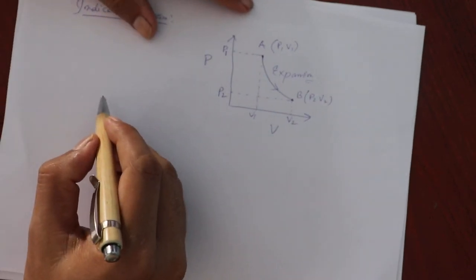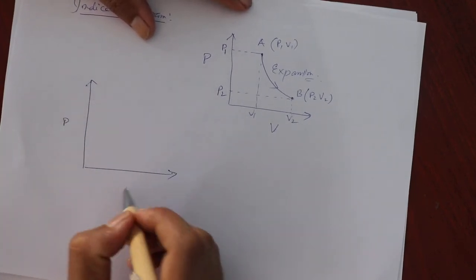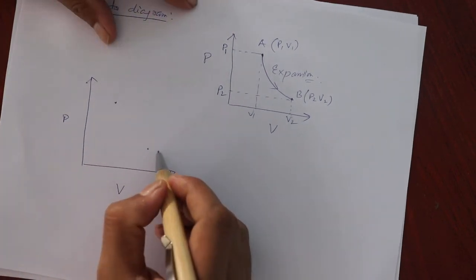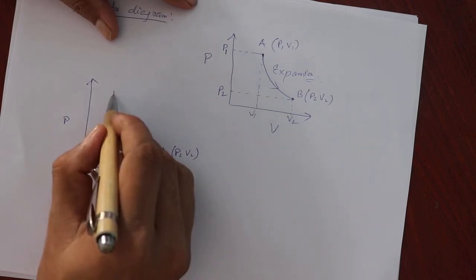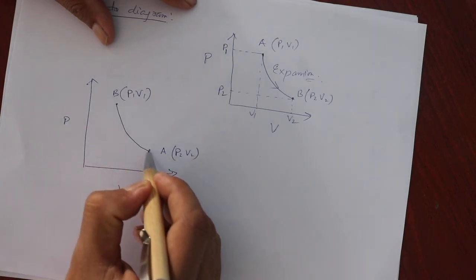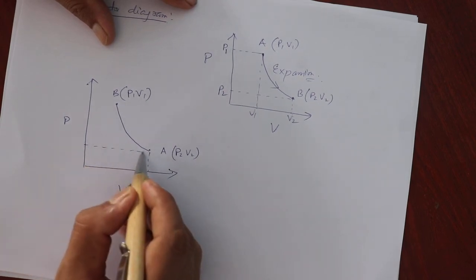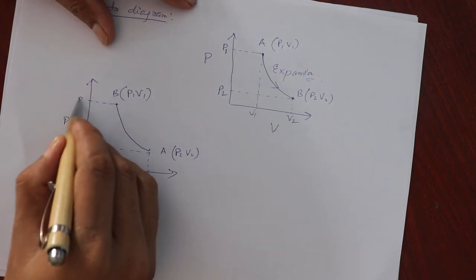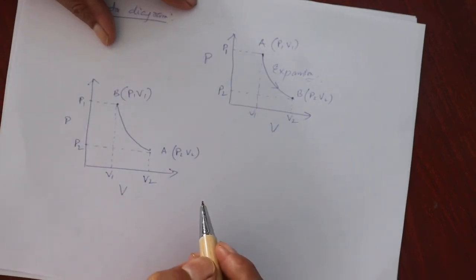Similarly, if you take another graph, this is P, this is V. The opposite way, I take A and B with the same coordinates, P2, V2 at A and P1, V1 at B. Suppose this is V2, this is P2, this should be P1, and this should be V1.